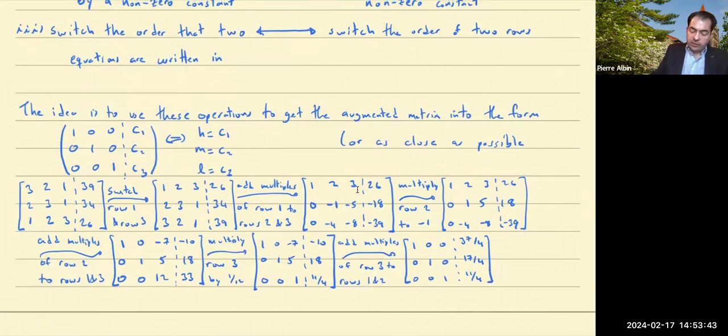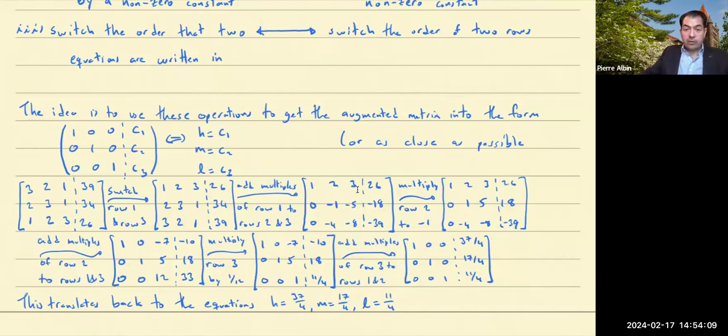So if I translate this back to equations, this translates back to the equations h equals 37 divided by 4, m equals 17 divided by 4, and L equals 11 divided by 4.